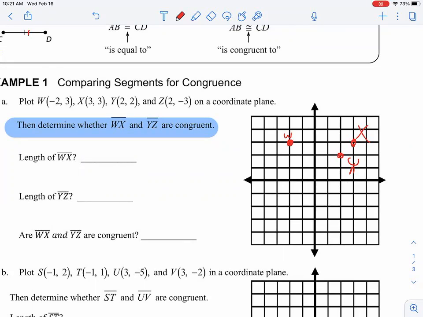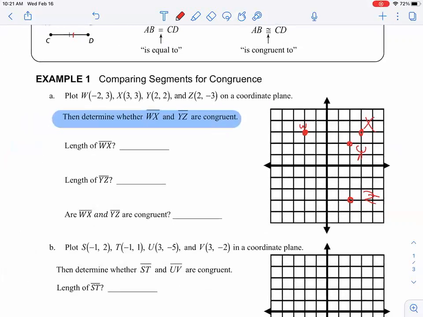And Z is at (2, -3), so over 2 and down 3. Just remember, when you're graphing them, you do the x first, which means left and right, and the y second, which means up and down. Obviously, if you graph it in the wrong spot, we're not going to get the right answers.